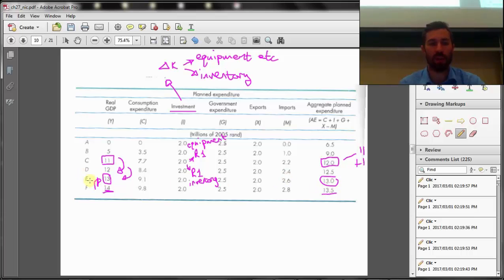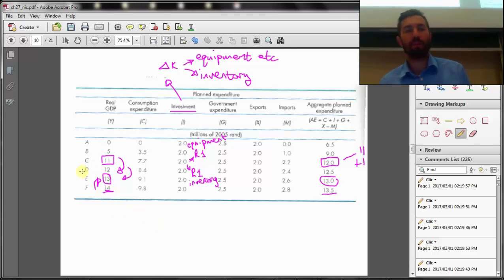So this level, given by point E, is our equilibrium. At any other level, either output is less than aggregate expenditure, like point D, or output is greater than aggregate expenditure, like point F.